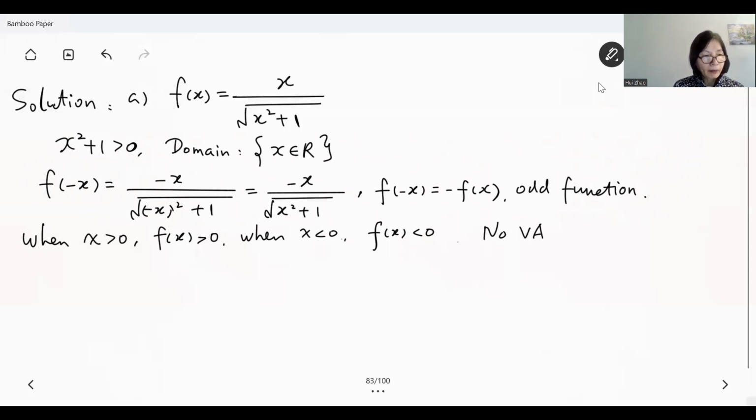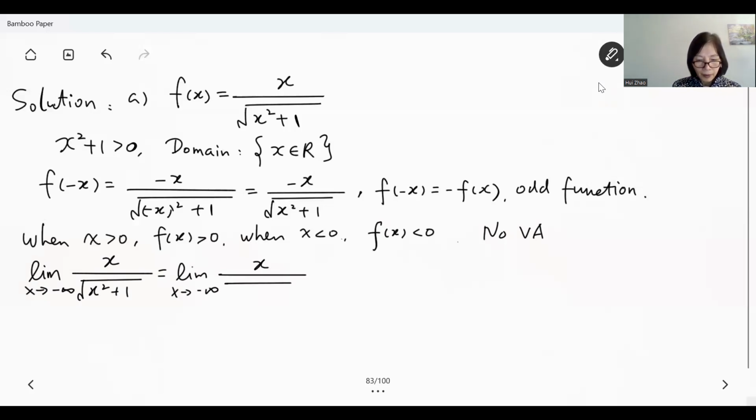And next, we find the limit. When x approaches negative infinity, x over the square root of x squared plus 1. So we try to simplify the function.